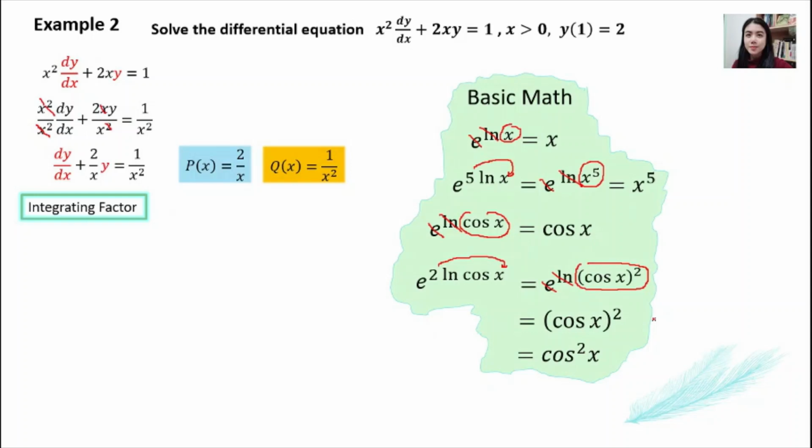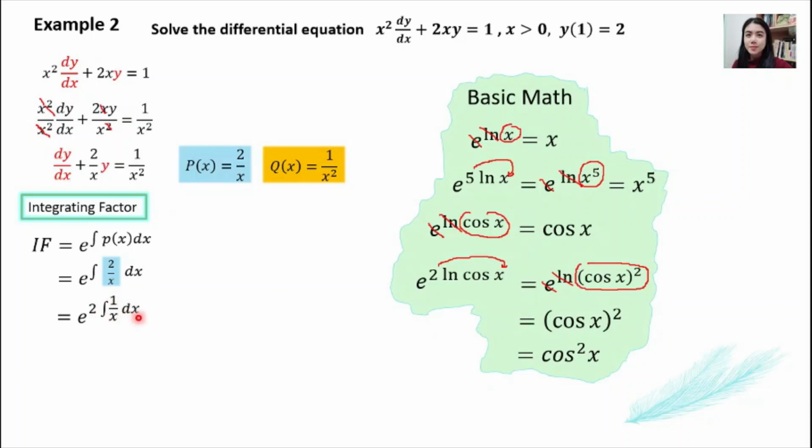Let's go back to the integrating factor. Let's look at the general formula for the integrating factor, that is IF equal to e to the power of integral P(x) dx. Your P(x) here is actually 2 over x, so let's substitute here. You can factor out the number 2 from this 2 over x, so you have 2 times the integral of 1 over x dx.